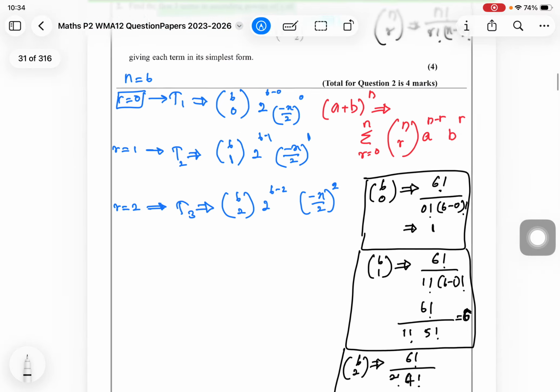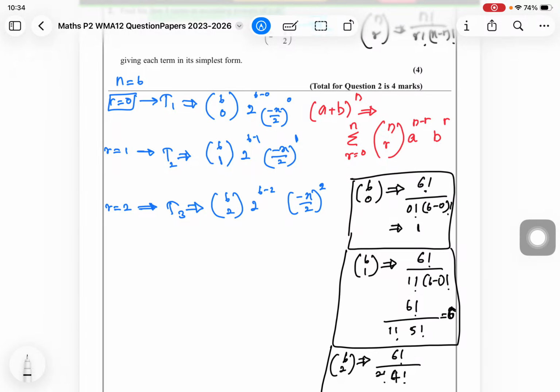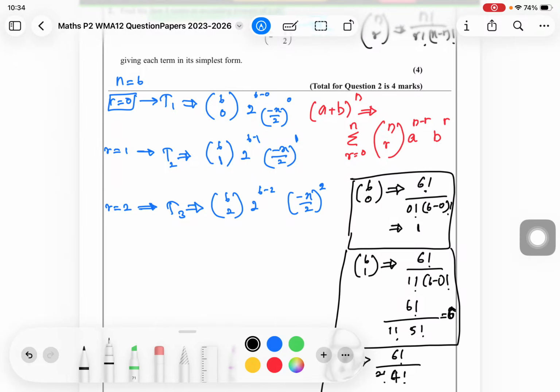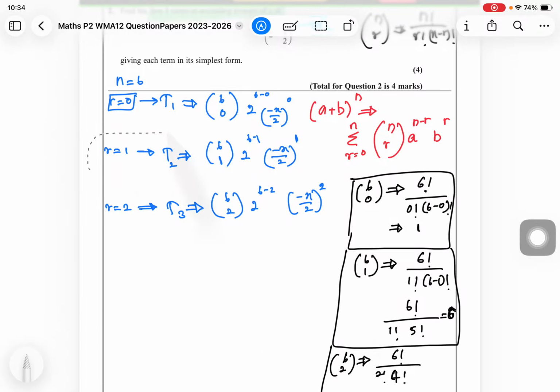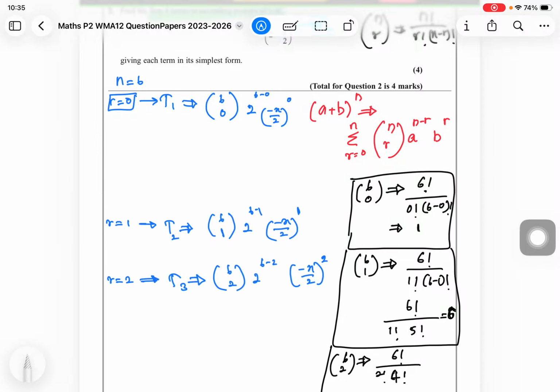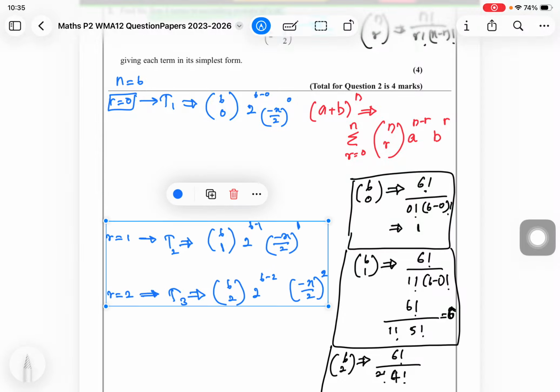Okay, now the factorial stuff is done. So let's go back to this one. Let me get this a little bit lower so that we have a little bit of space to work the remaining simplifications.